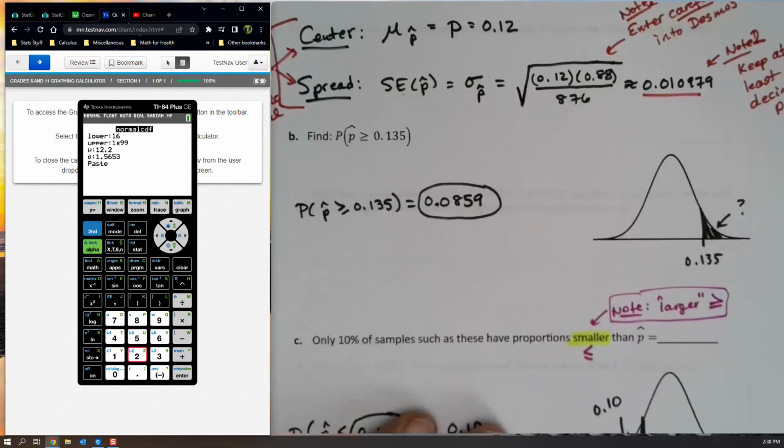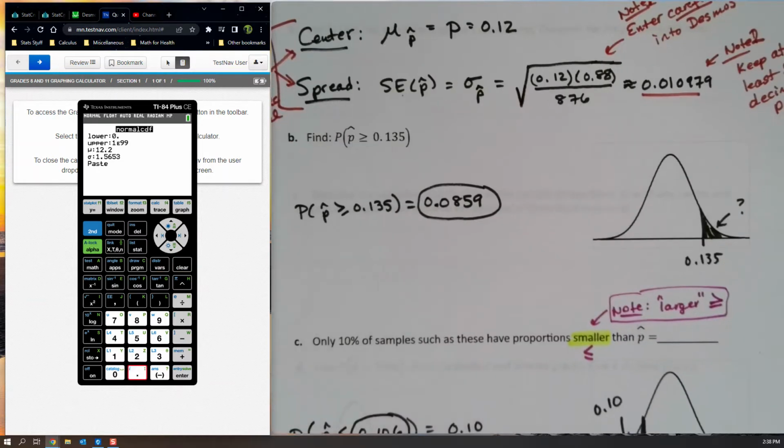We would say 0.135, and then we would say to forever, so 1E99. Then we have to put in 0.12, which was our mean, and 0.010979, and paste that in, and there we have the same answer.